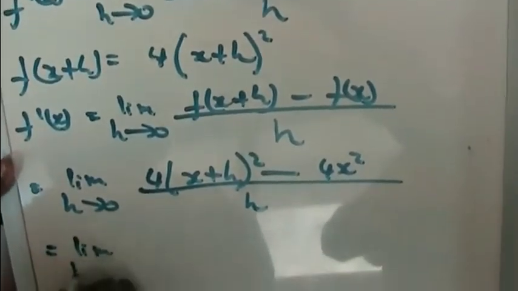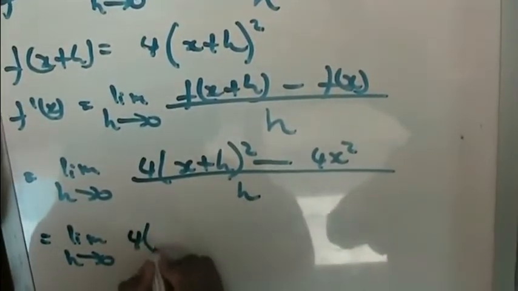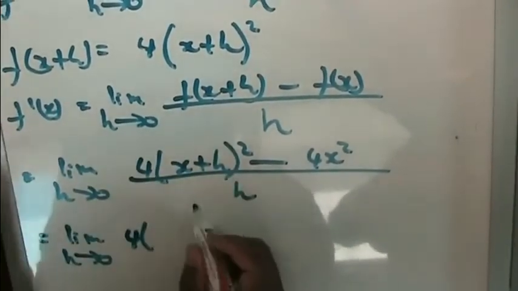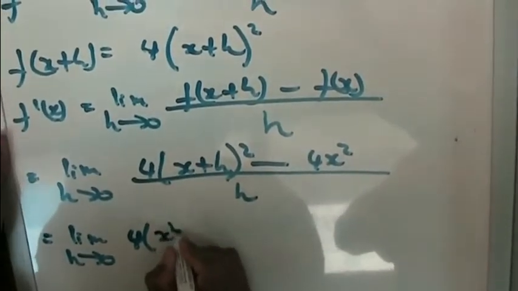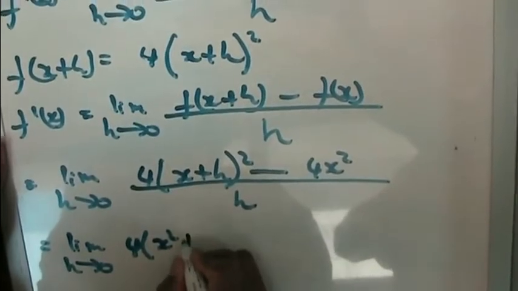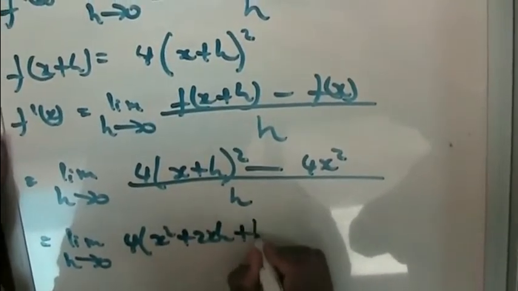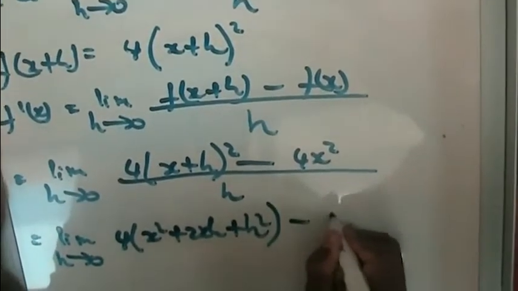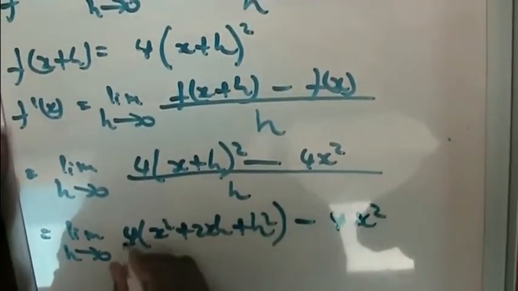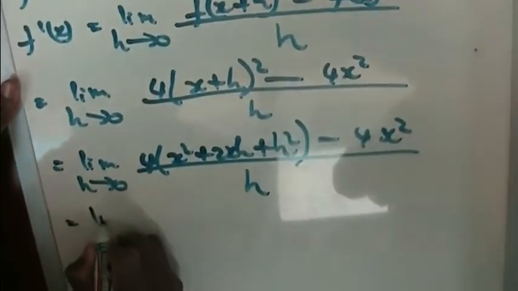That is equal to the limit as h tends to 0 of 4 into, simplify this, x plus h all squared: x times x is x squared, x times h is plus xh, h times x is plus xh, plus h squared, minus 4x squared over h.